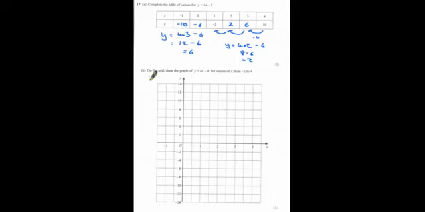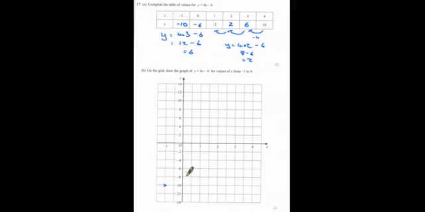For part B, we then need to draw the graph of the same equation for the values of x from -1 to 4. So we're now going to put these coordinates on the graph. And this is almost a second check to our calculations because this should be a straight line graph. So we have -1, -10, which is here.